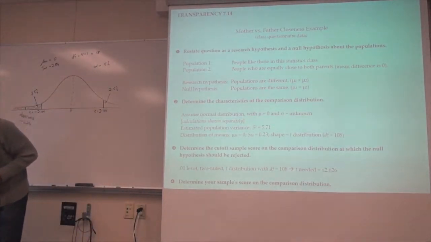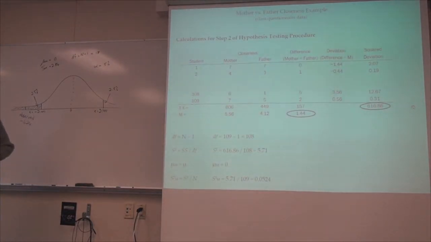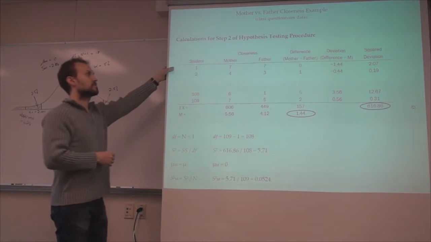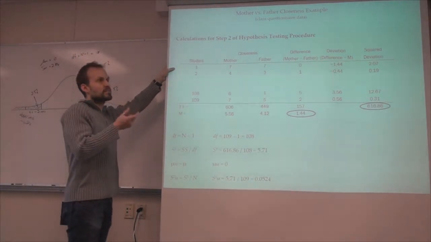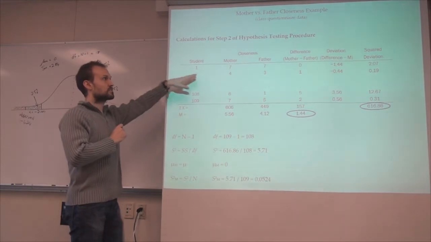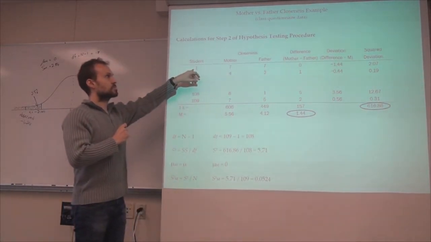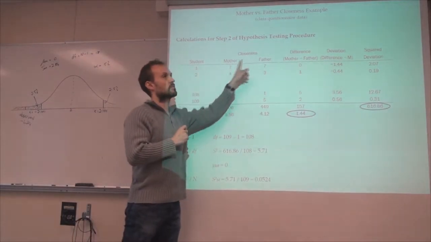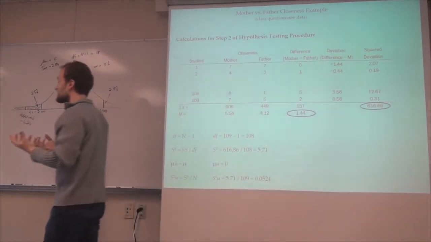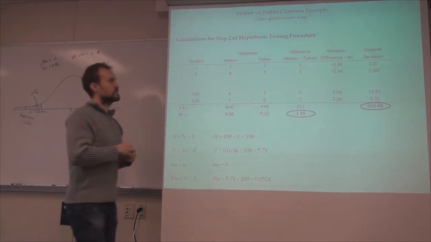Let me see if I have a table. I do. So I have 2 ratings per person. This is quite the same as a before and after, because they're still dependent on each other. This person's 2 scores for mother and father aren't unrelated. There's a relationship between those scores. They're linked in some way.